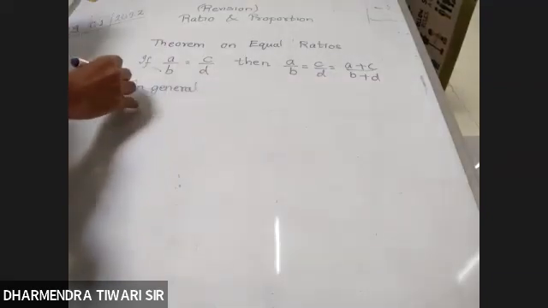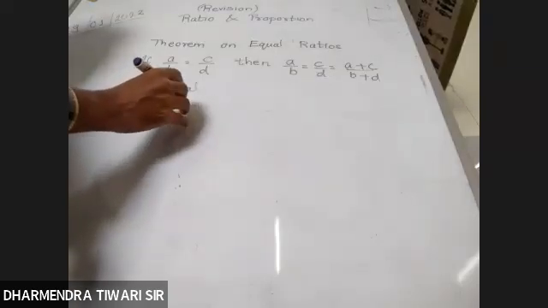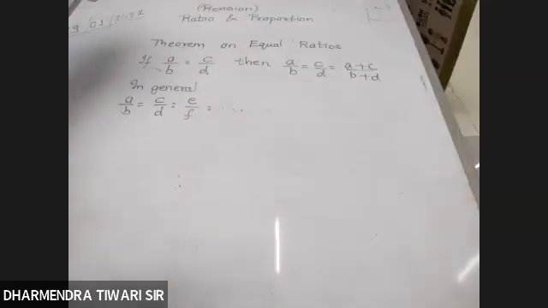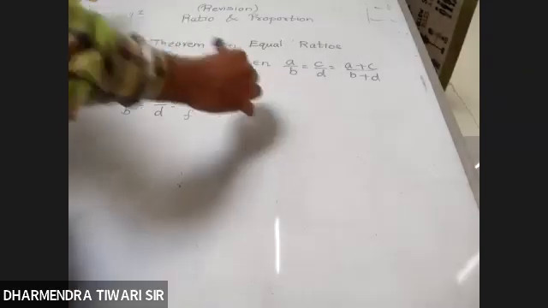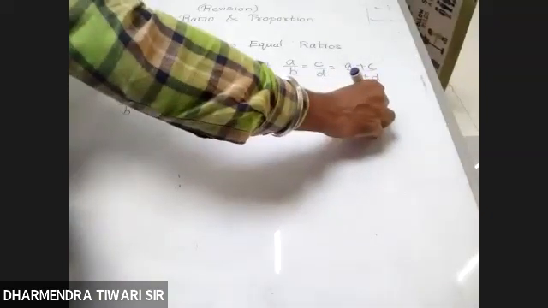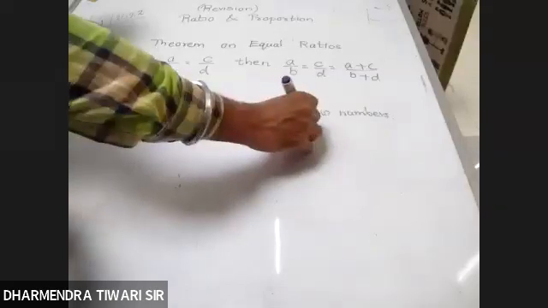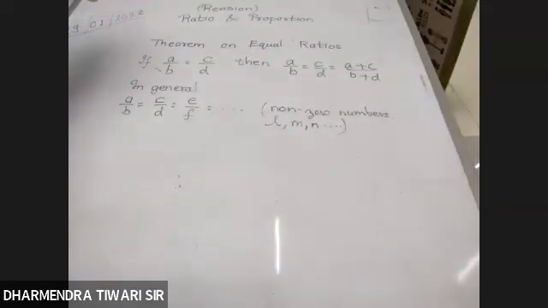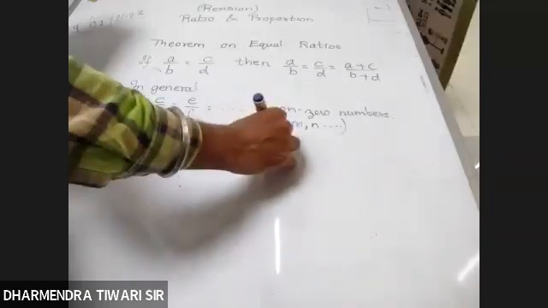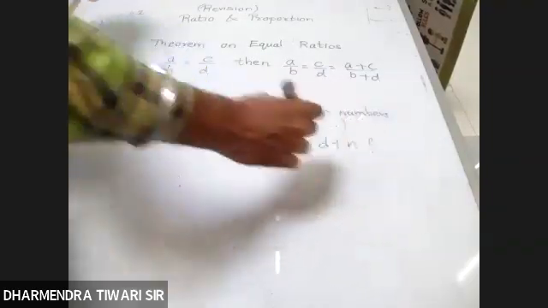if we are having 3 to 4 ratios, say A by B is equal to C by D is equal to E by F, dot dot dot, and if we are having some non-zero numbers, say L, M, N, such that the linear combination, that is L multiplied to B plus M multiplied to D plus N multiplied to F, is non-zero.